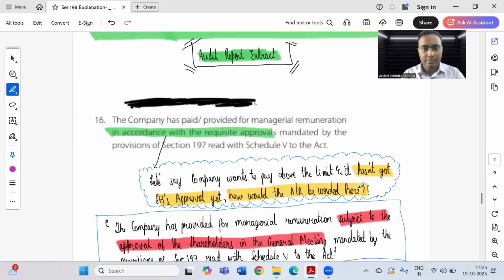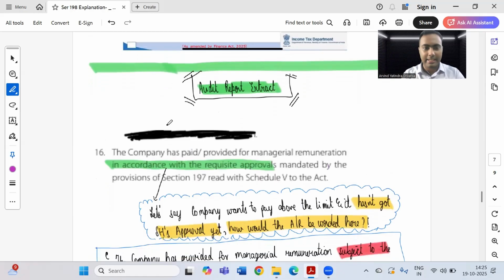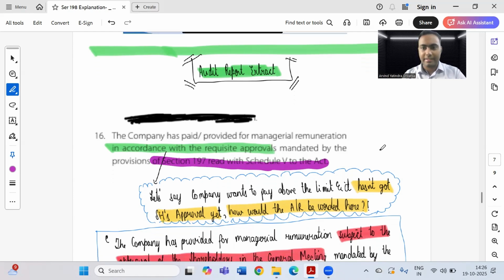Yes, next. Audit report extract. So I've taken a real life audit report of a company where this is the language they've given. The company has paid or provided for managerial remuneration in accordance with the requisite approvals mandated by the provisions of section 197 read with schedule 5 to the act. Okay, let us take the scenario which we were discussing just now. Let's say the 11% comes to 11, but the company wants to pay 13.